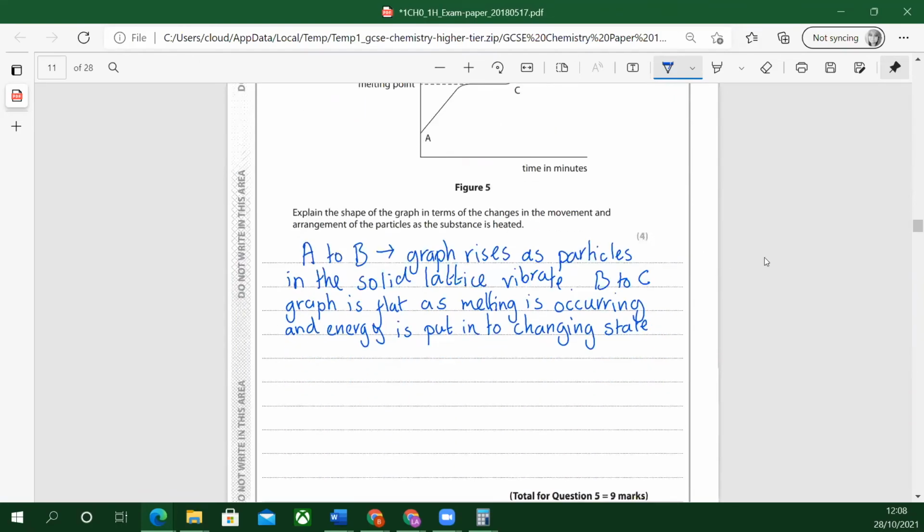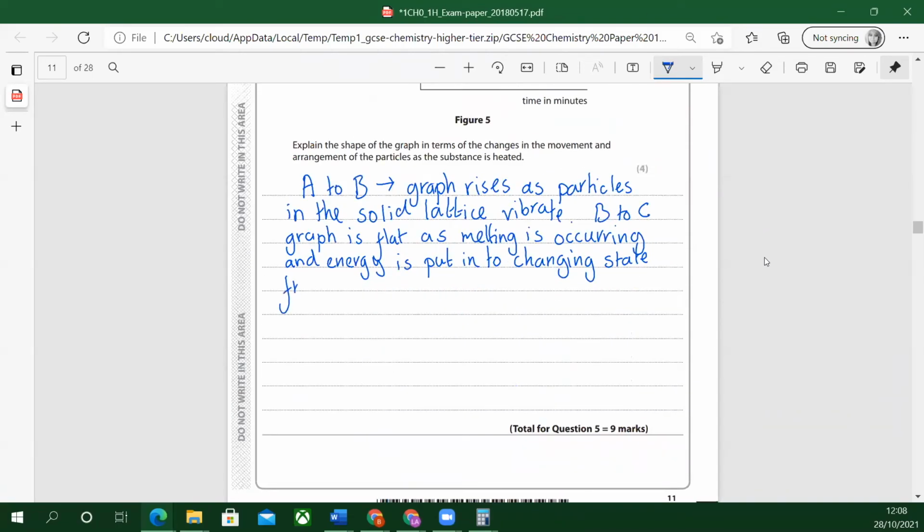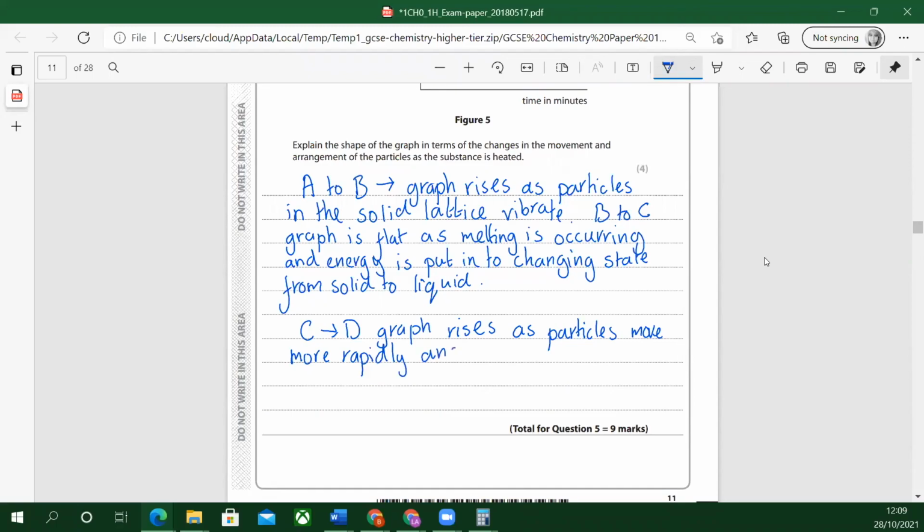So it's melting, going from solid to a liquid. And then from C to D, the graph rises again as particles move more rapidly, so faster, and move past each other randomly.